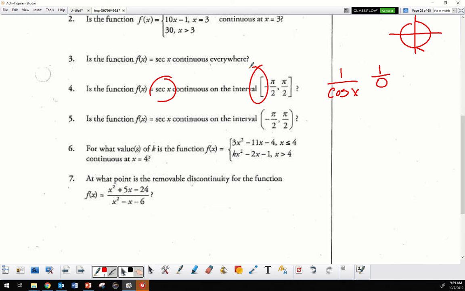But let's look at everything else. On number 5, it talks about the same thing, but as a parentheses. So it is 0 here, and it is also 0 right there. Is there any place going from negative pi over 2 to positive pi over 2 in which cosine is also 0?